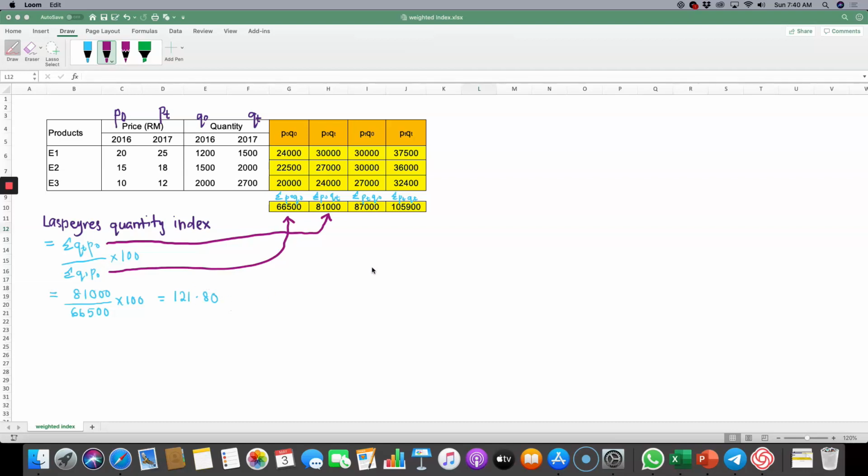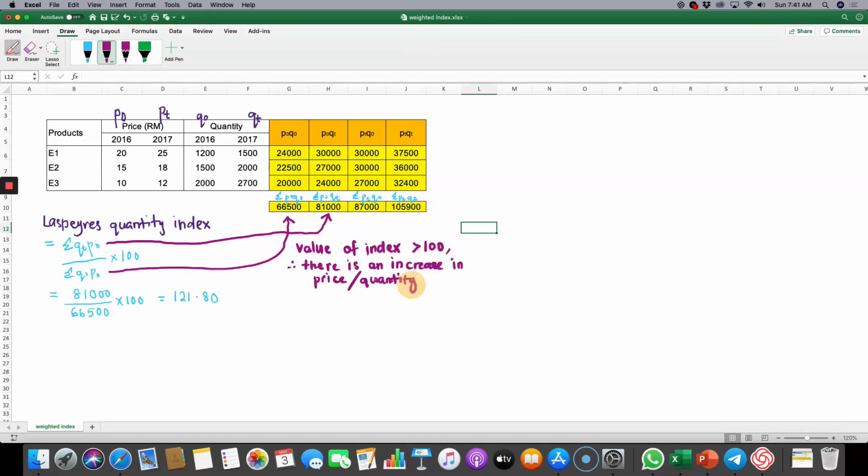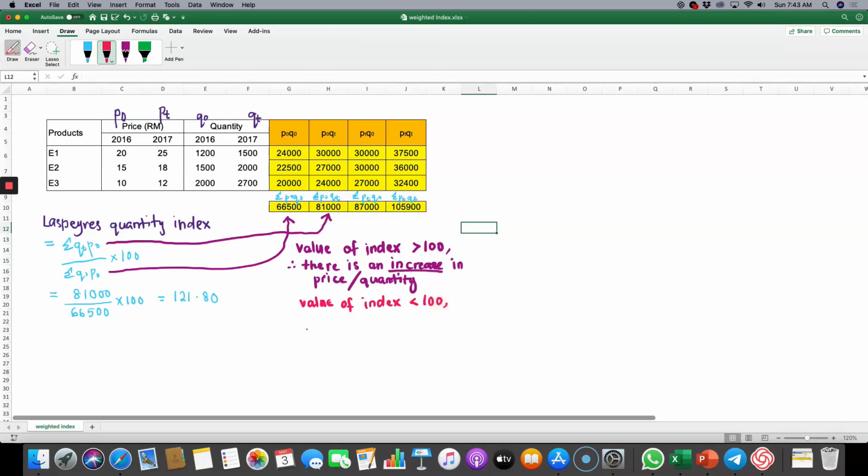121.80. Now, in general, if you have a value of index greater than 100, therefore there is an increase in price or quantity.